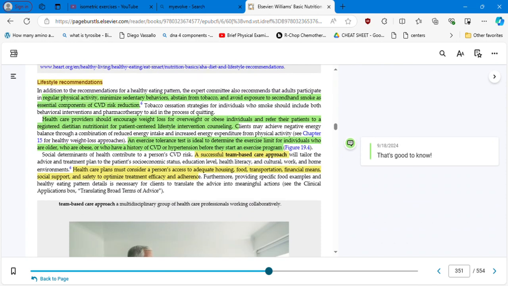Lifestyle recommendations: regular physical activity, minimize sedentary behavior, tobacco, we spoke about that. And also, healthcare providers should encourage weight loss for overweight or obese individuals and refer their patients to a registered dietitian and nutritionist, which happens rarely. The doctor is going to tell you eat less cholesterol and less sodium, period, and you have to insist on a nutritionist.